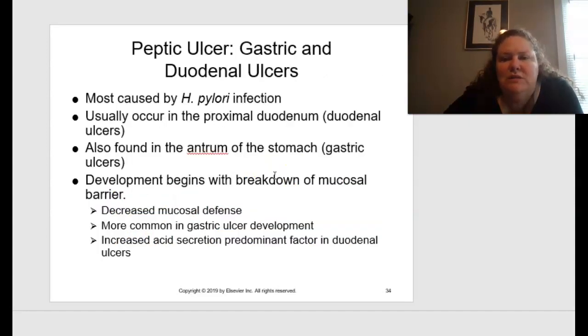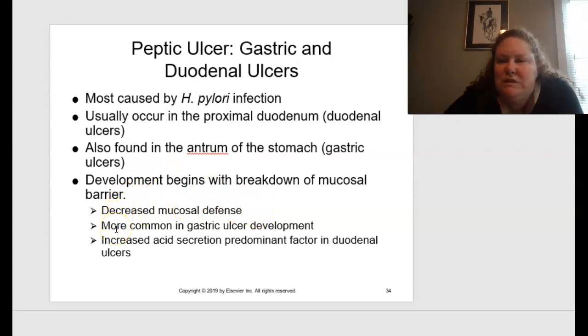Moving on to peptic ulcers, including the gastric and duodenal ulcers. Most of these are caused by Helicobacter pylori infections, the H. pylori, and these usually occur in the proximal duodenum, and these are called duodenal ulcers. These can also be found in the antrum of the stomach, and these are your gastric ulcers. The development of these ulcers begins with the breakdown of the mucosal barrier, and because of that, we have decreased mucosal defense.